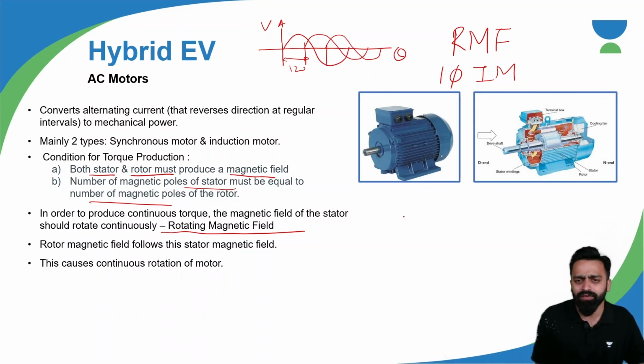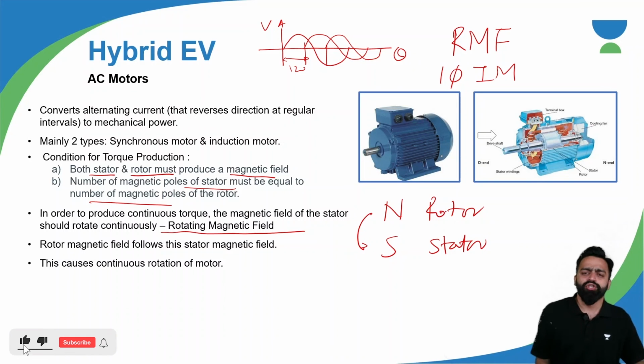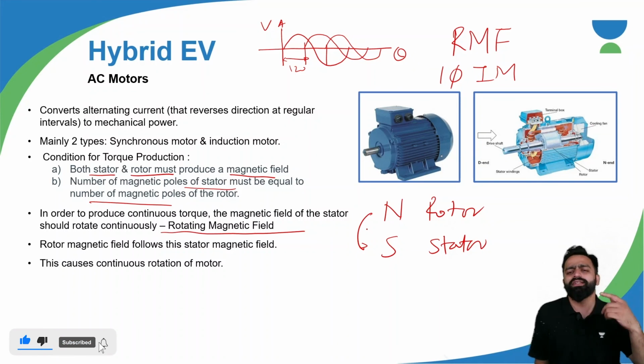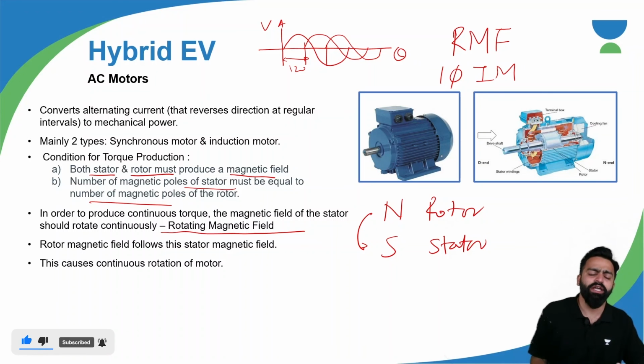Simply put, if there is a north pole on the rotor and a south pole on the stator, there will be a force of attraction. So the rotor will continuously follow the stator magnetic field and there will be rotation.